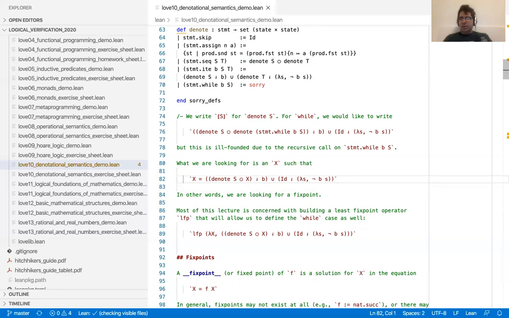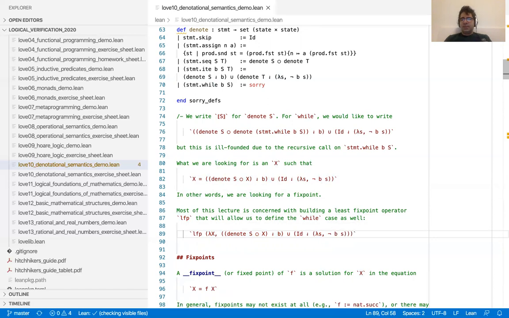What we're going to do in most of this lecture is define an operator least fixed point, LFP, where you can give it that equation here, and it will give you the x under some conditions. And what we give is not exactly the equation x equals blah blah blah. What we give is lambda x, blah blah blah. So the syntax is a bit different.